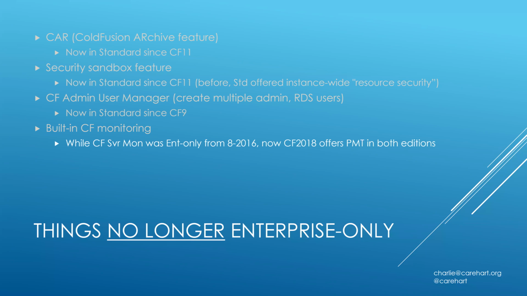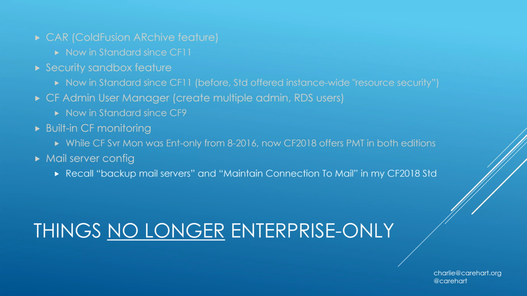Now, monitoring. The server monitor, the ColdFusion server monitor, was enterprise only from CF8 through CF 2016. Now CF 2018 offers what's called the PMT in both standard and enterprise. So this is no longer an issue at all, but I'm saying if you're still on 2016 or 11 or 10, the server monitoring was enterprise only, but it isn't anymore.